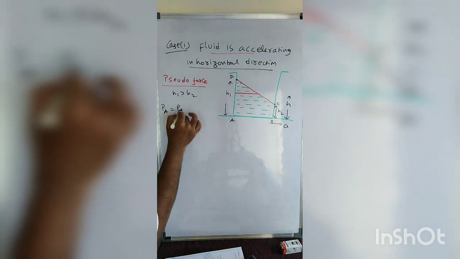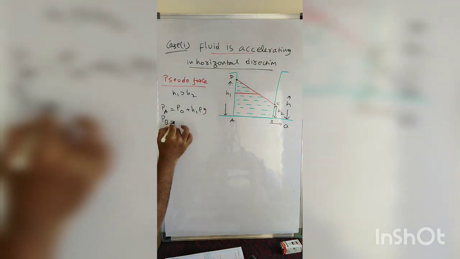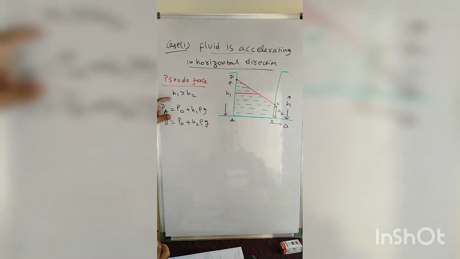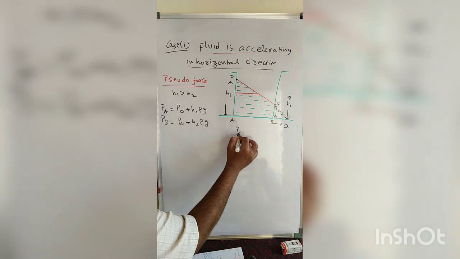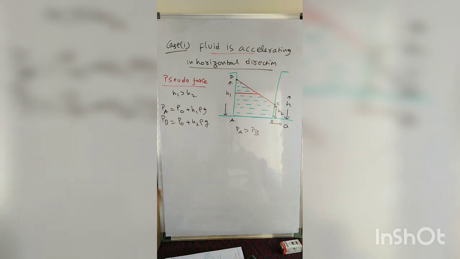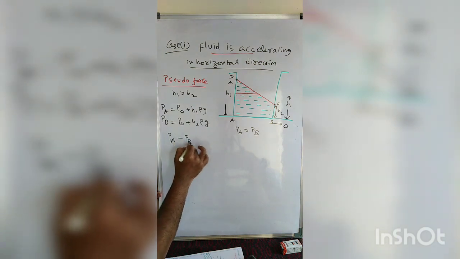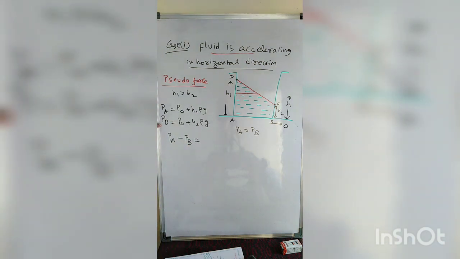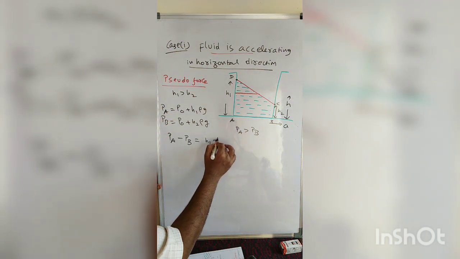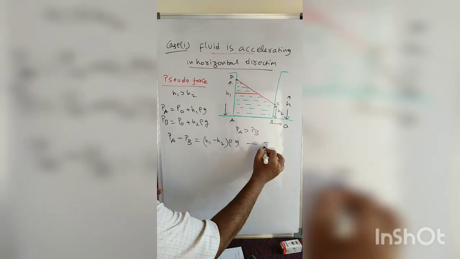It's nothing but P naught plus H1 rho G. And the pressure at B is P naught plus H2 rho G. Therefore, pressure at A is greater than pressure at B. The pressure difference PA minus PB: these P naught terms get cancelled, so we get H1 minus H2 into rho G. Say this is equation number 1.